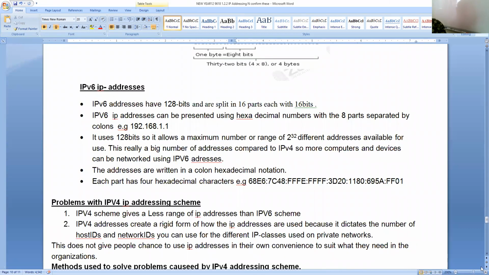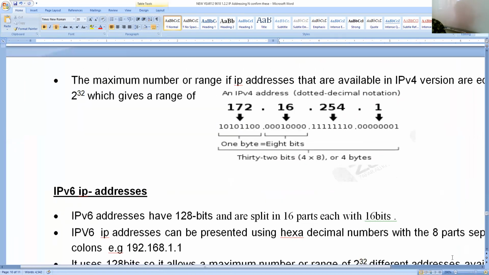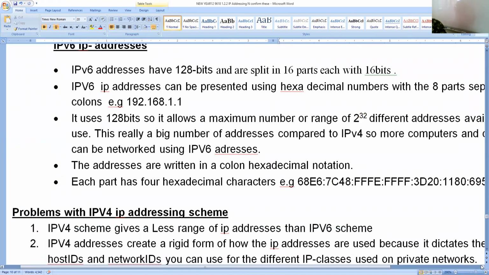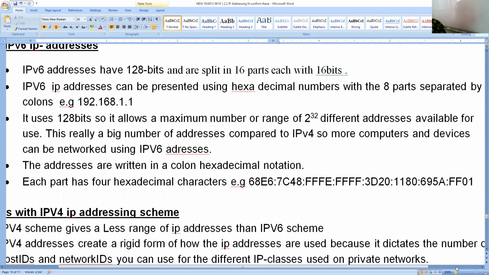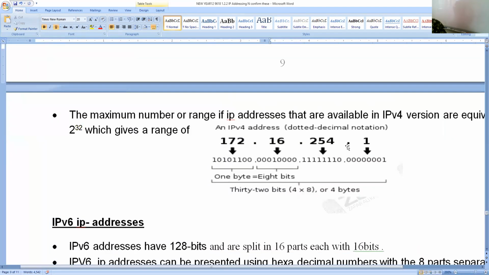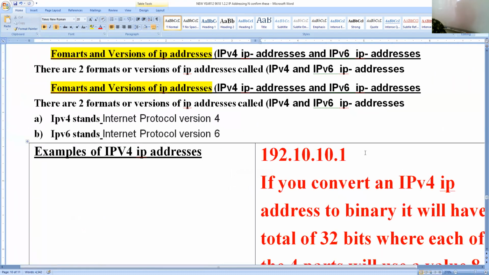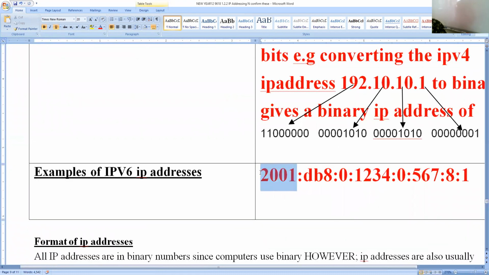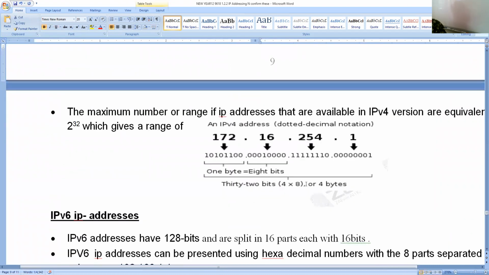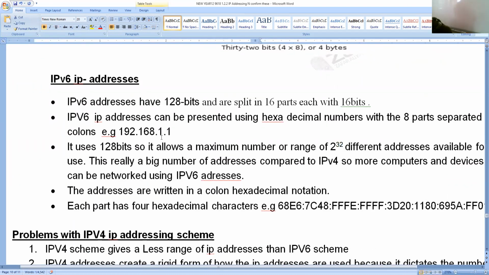For IPv6, it has 8 parts. Remember I said it has got 8 parts. Don't you remember this? 1st part, 2nd part, the 3rd part, 4th part, 5th, 6th, and 7th, then 8, the 8 parts. Now when you convert it to binary, each of the 8 parts will use 16 bits.